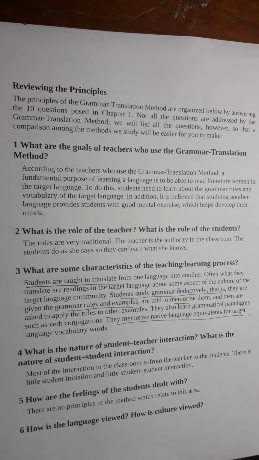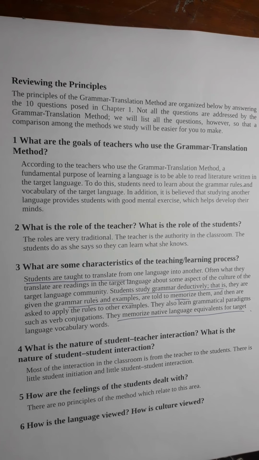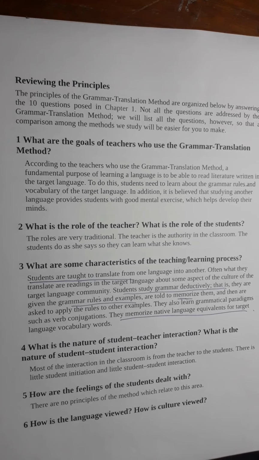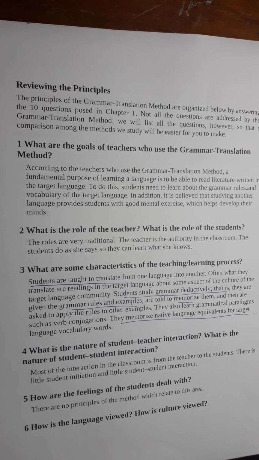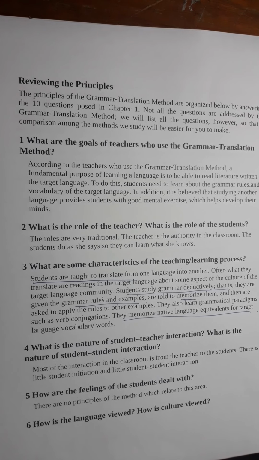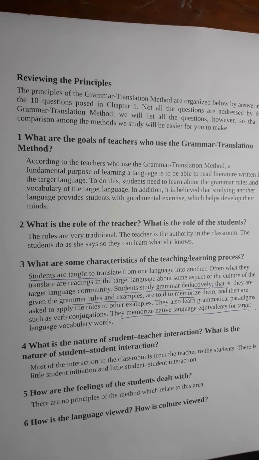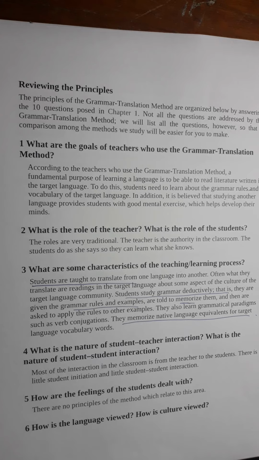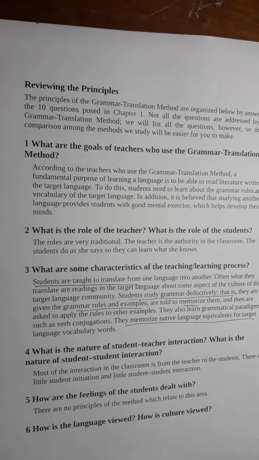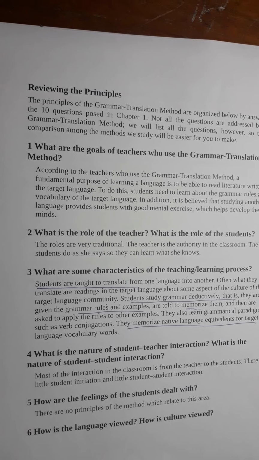The most common pattern of interaction according to the grammar translation method is teacher-students, in which the teacher gives the students instructions and the students follow the instructions. So we cannot find any student-student interaction, and sometimes we have little student-teacher interaction.